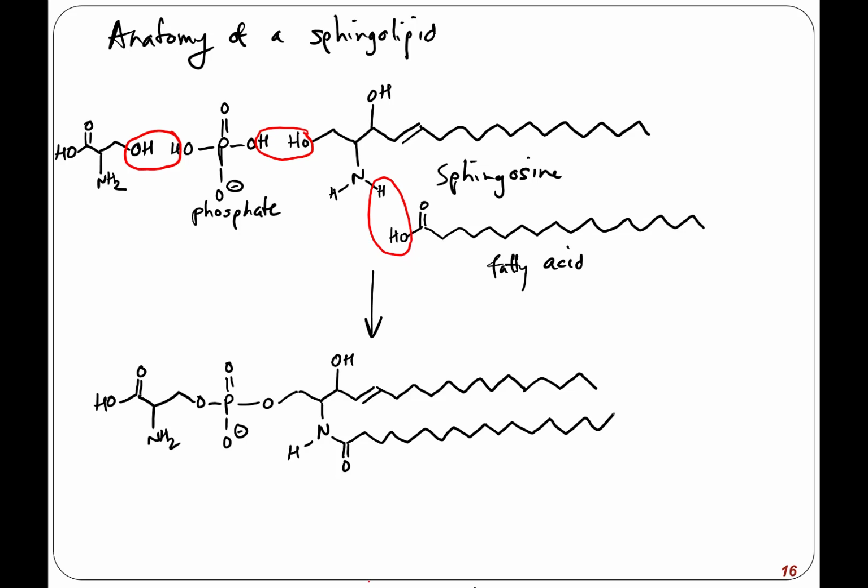Okay, so this now is the result. Now is our sphingolipid. Now a couple things. This right here is kind of new and different. It's an amide functional group, remember?